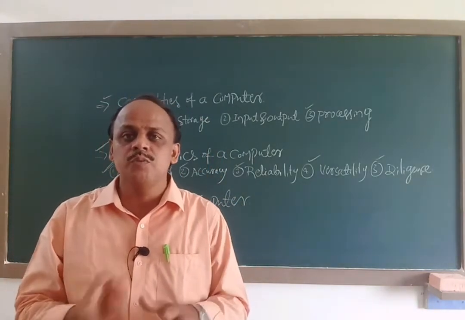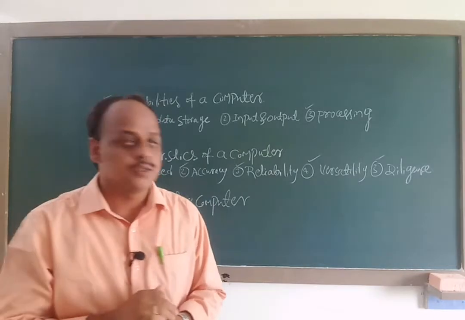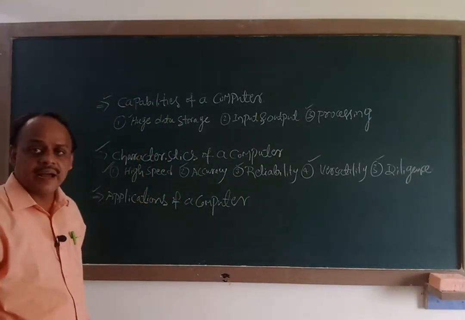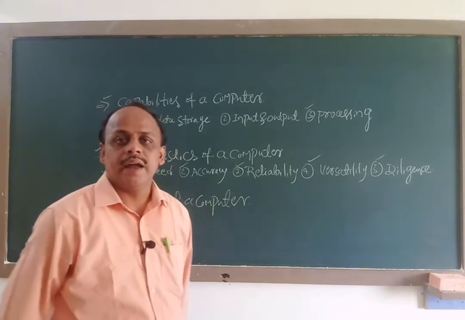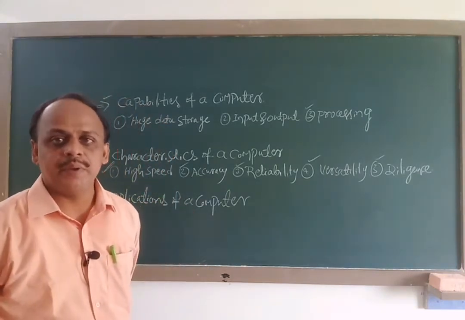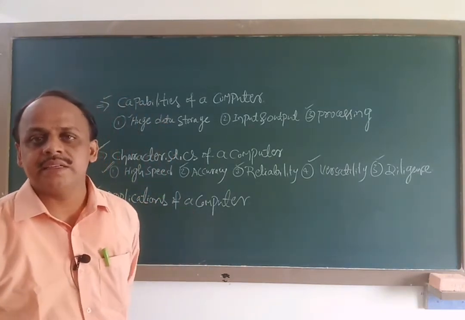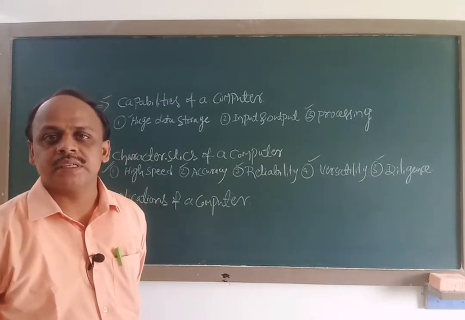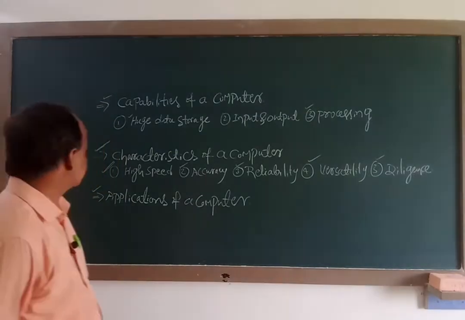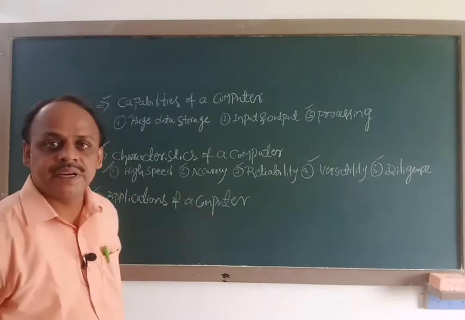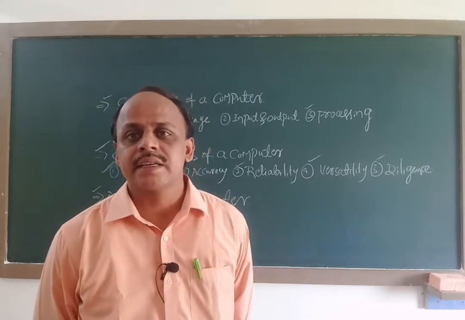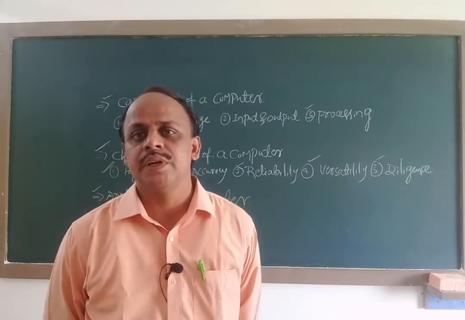Okay, so these 5 points, that is high speed, accuracy, reliability, versatility, and diligence, represent the characteristics of a computer. Right?